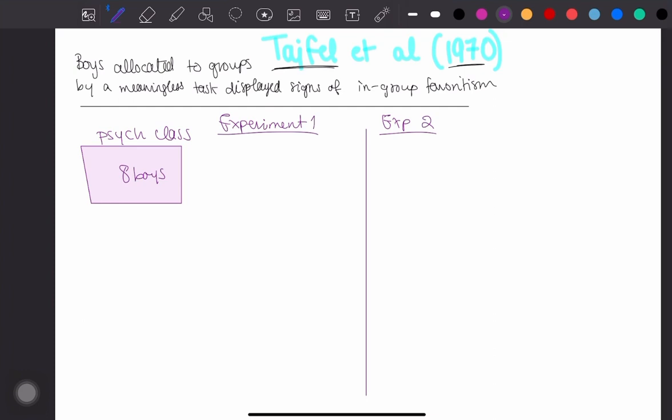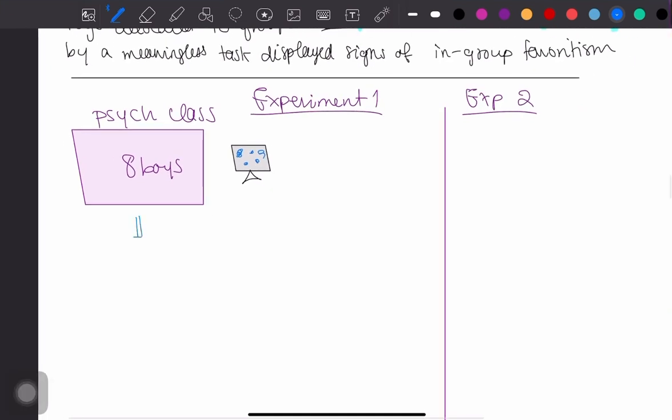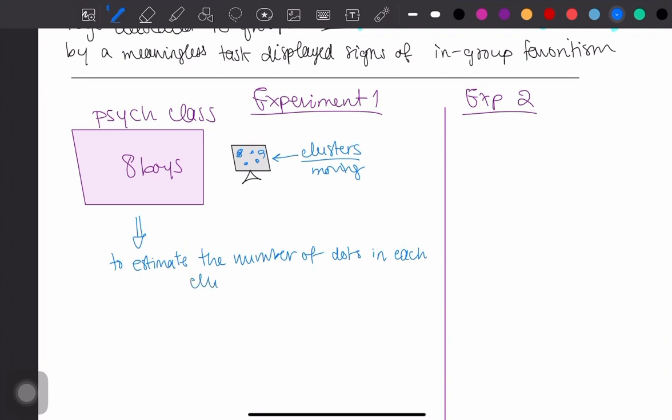Okay, so back to experiment 1. We had these boys, and they would come in groups of 8. They were asked to watch a screen, and on the screen, there were moving clusters. They were asked to estimate the number of dots in each cluster.